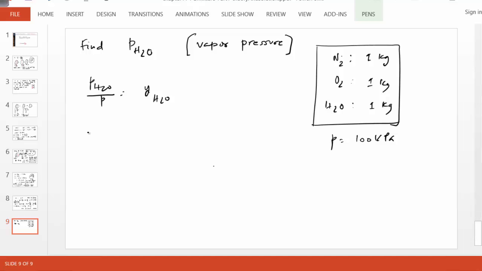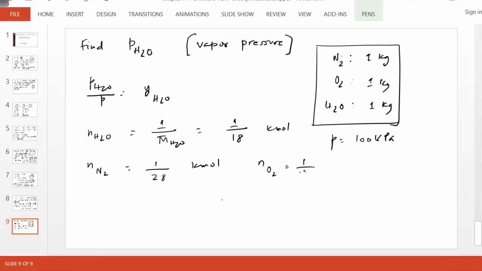We know N of H2O is going to be equal to mass of H2O, which is 1 kg, divided by the molar mass of H2O, which is 18, so 1 over 18 kilomole. Likewise, we can find N of nitrogen, which will be 1 over 28, and N of oxygen to be 1 over 32 kilomole.